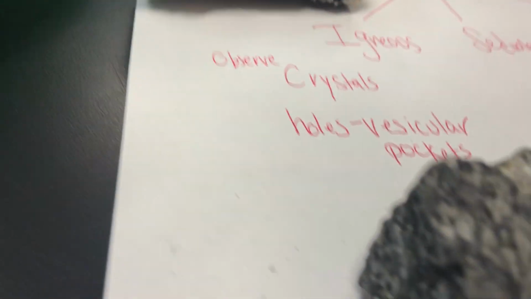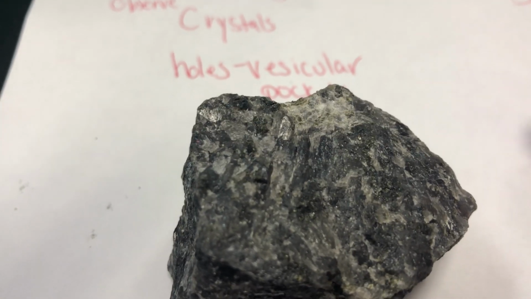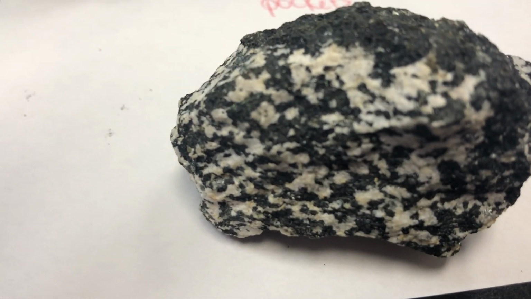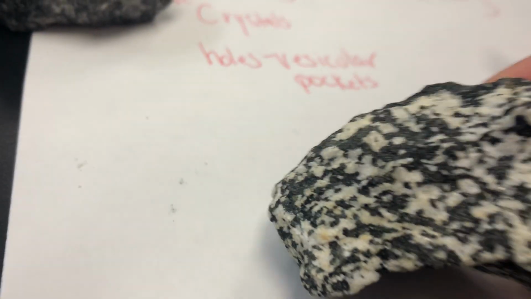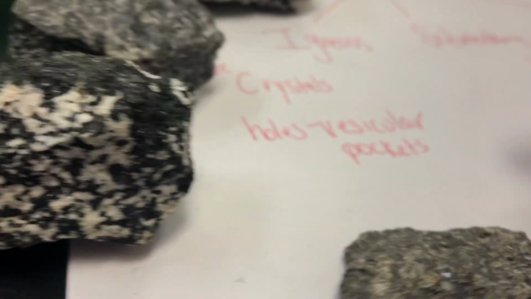This one also, again, you could see the crystals. Igneous rock. This one's pretty neat looking. Almost looks like ice cream with Oreos in it. Again, those are crystals.